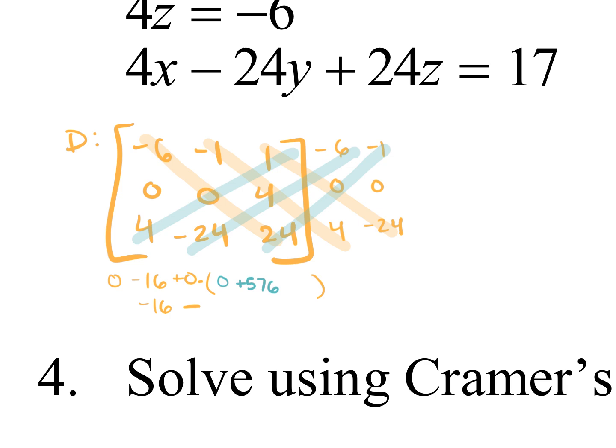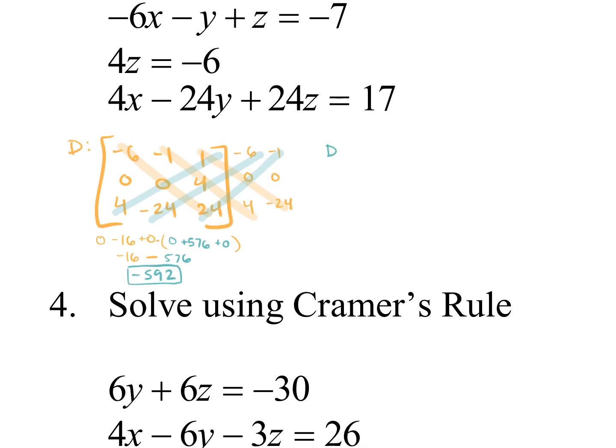And then 24 times 0 times -1 is 0. So minus 576. -16 minus 576 would be -592. So this is our D.